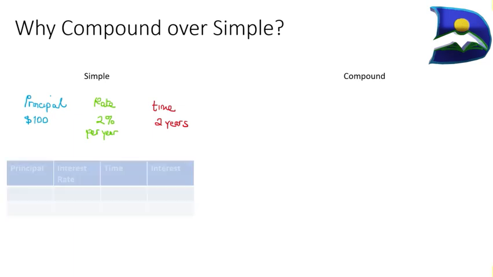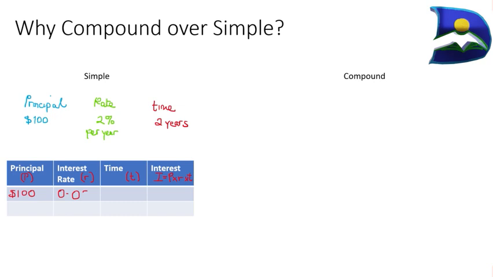So in this case, our first step is we look at the principal, which is represented by P. The next one is the interest rate, which is represented as R, and T is represented as the time. And once we put down our numbers for that first year, which means $100, and the interest rate is going to be 0.02, and the time is going to be 1 year, we're going to get the interest to be around $2.